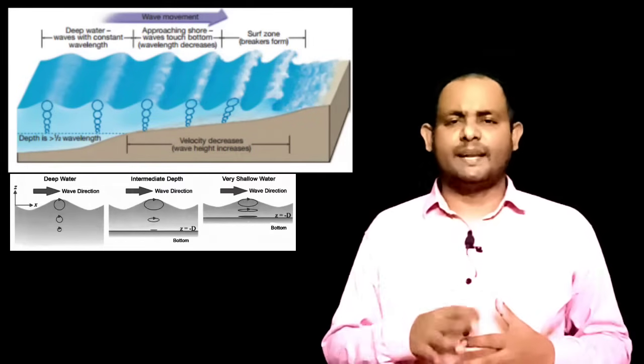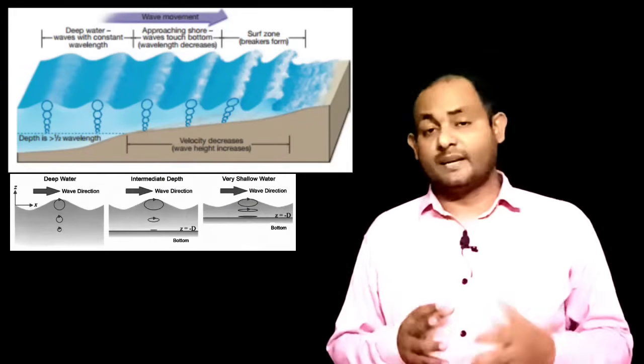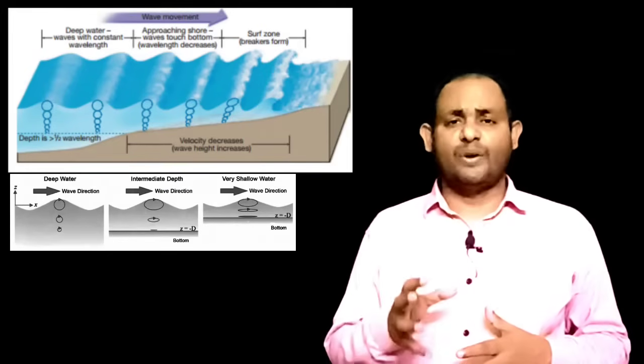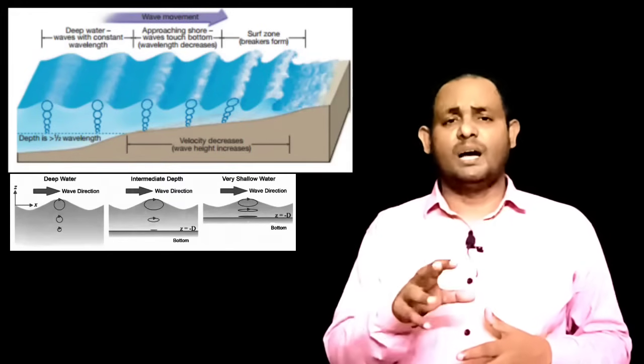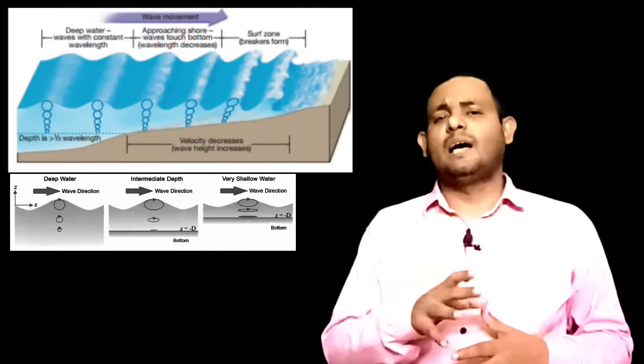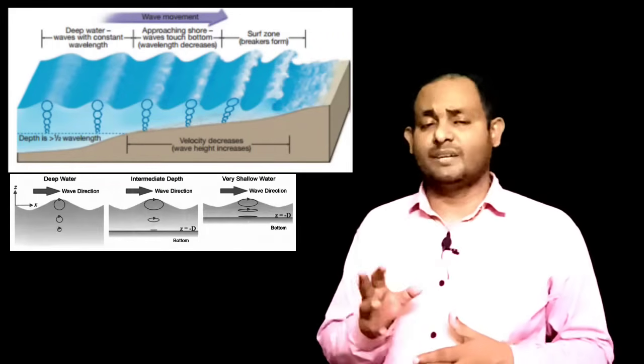The wave speed is directly related to wavelength: the longer the wavelength, the greater the wave speed, and vice versa. The wave frequency is inversely related to the wavelength: the longer the wavelength, the lower the wave frequency, and vice versa.